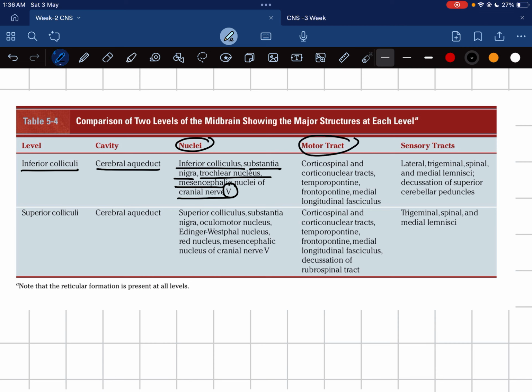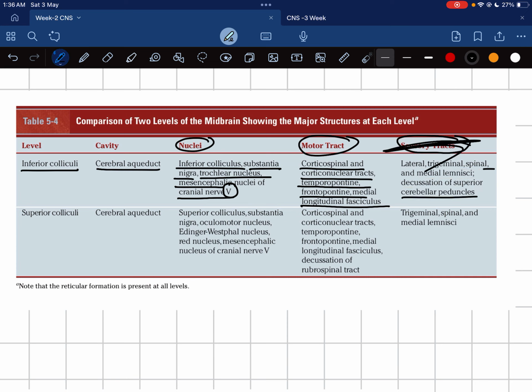For the motor tracts, there are the corticospinal tract, corticonuclear tract, temporopontine tract, frontopontine tract, and medial longitudinal fasciculus. For the sensory tracts at the level of inferior colliculi, there are the lateral, trigeminal, spinal, and medial lemniscus. Discussion of the superior cerebellar peduncles.